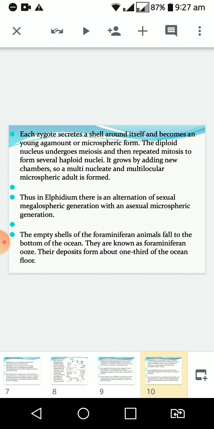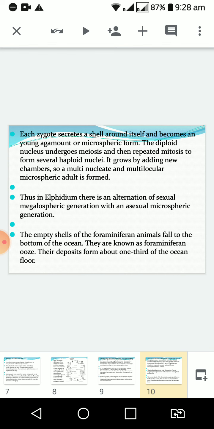So now Elphidium is alternately sexual and asexual: sexual in the megalosporic form, asexual in the microsporic form. So one after the other takes place, the sexual reproduction, and after that asexual reproduction. This life cycle we call an alternation of generations, and it is also called metagenesis.